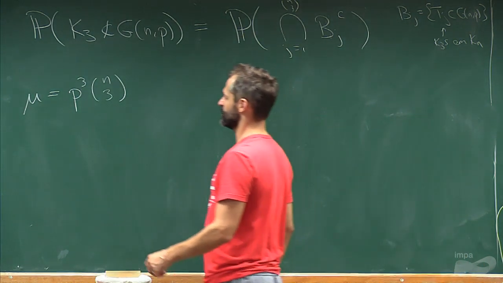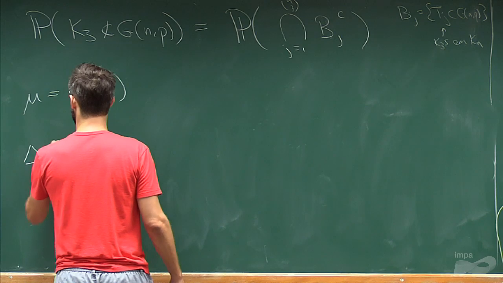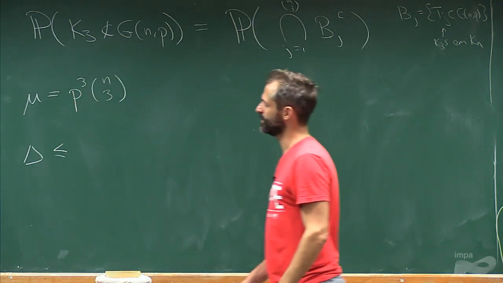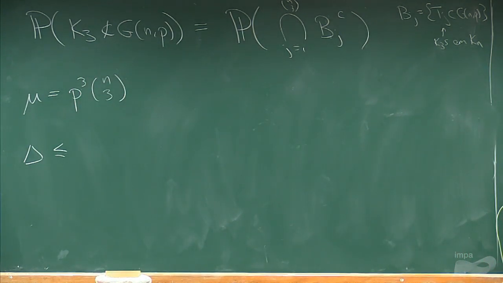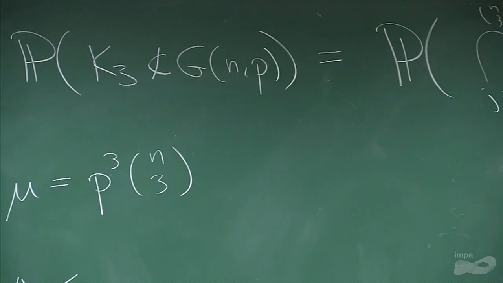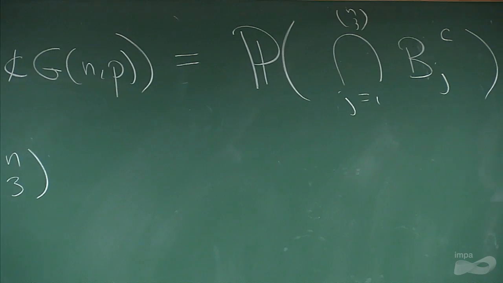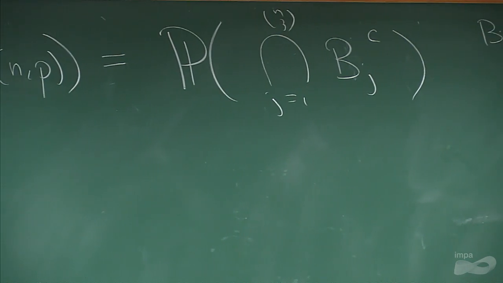And what about delta? Let's just give an upper bound on delta. We need to sum over pairs of triangles that intersect. Intersect means that their edges intersect. They're just sets of edges.